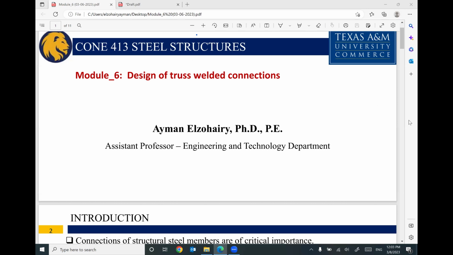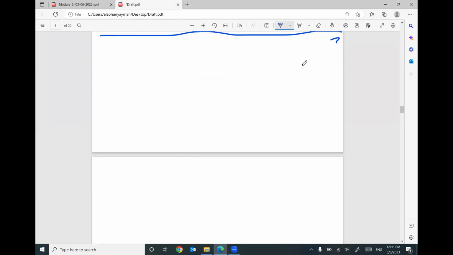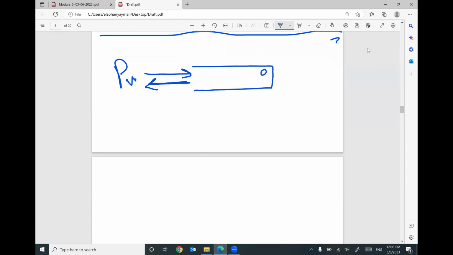Okay, let's start. Today, in the meeting, I will go through how to design a welded connection. Just to give you a reminder of what we covered in the last 2 meetings: if you have a member under the effect of tension or compression, P ultimate, we learned how to figure out the required number of bolts needed to connect this member to something called a gusset plate.